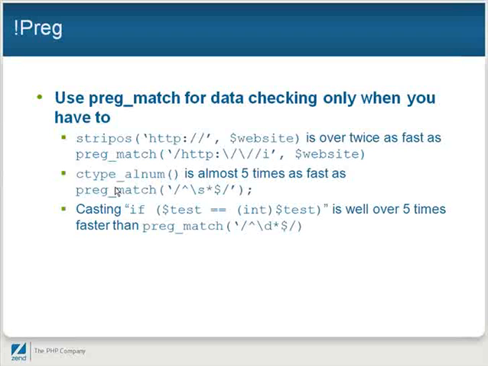So if you're going to be doing some kind of testing, in this case, testing to see whether or not a digit, so an individual number, is in the data, we here just simply cast our data to an integer and see whether or not, when we apply our type juggling rules, they match. In this case, just like ctype_alpha, it's 5 times as fast, and so that's something to be aware of.